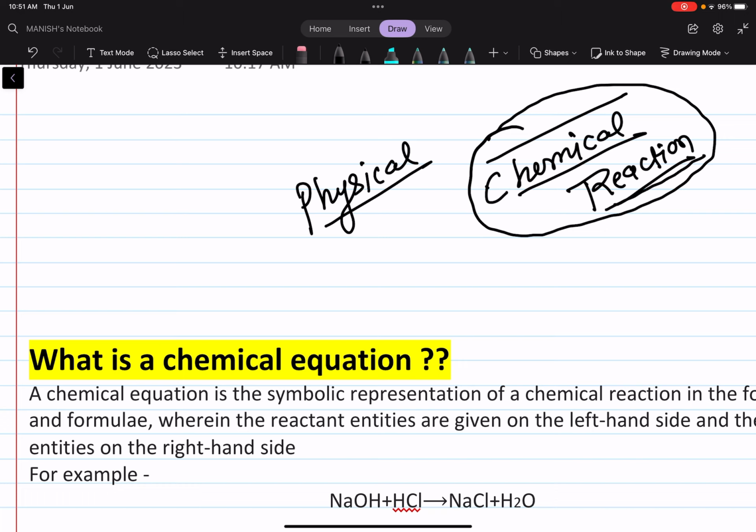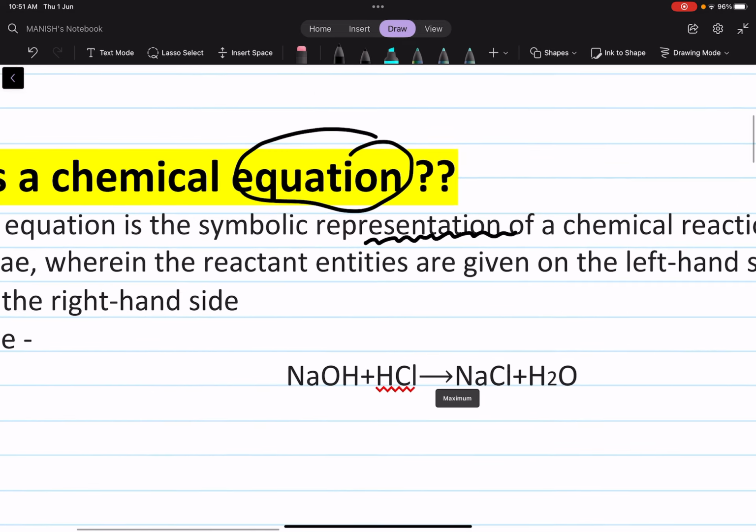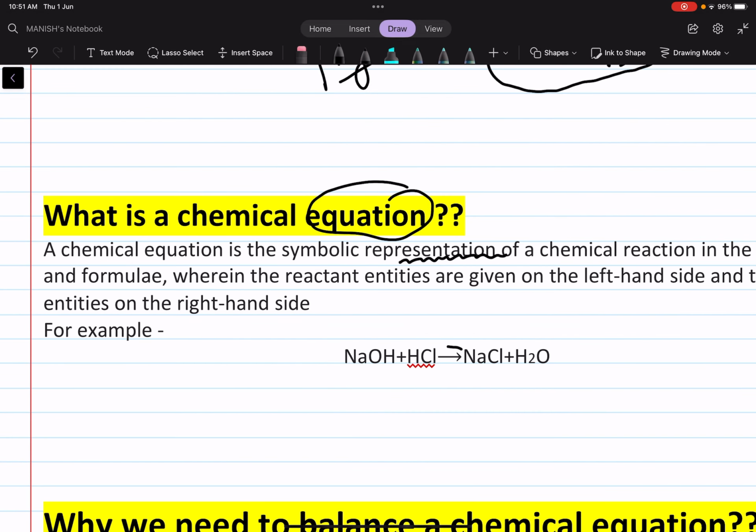Now, the symbolic representation of a chemical reaction is called a chemical equation. In this chemical equation, we find that there is an arrow. On the left side of the arrow, we represent the reactants of the chemical reaction.